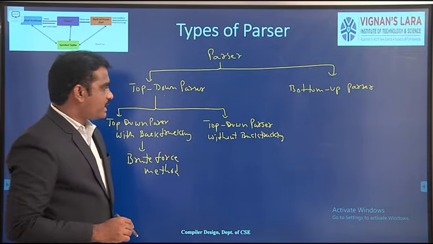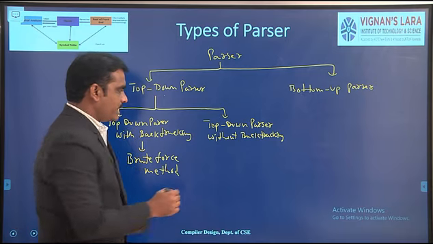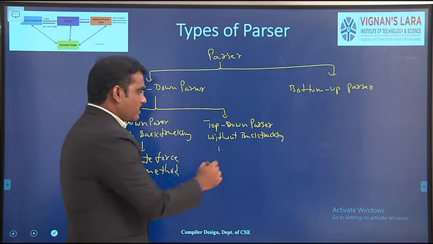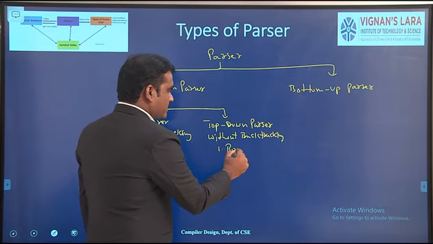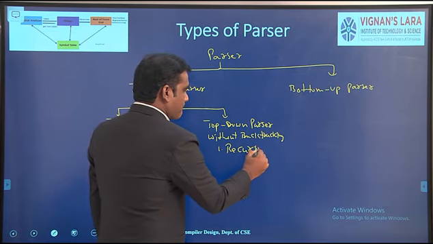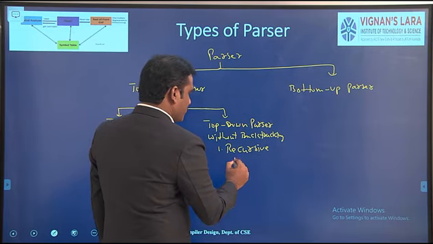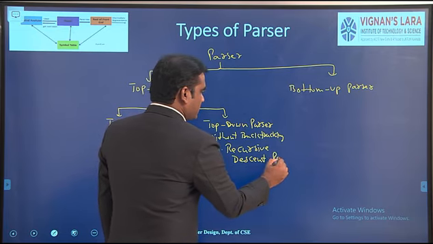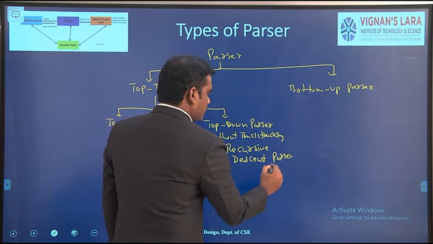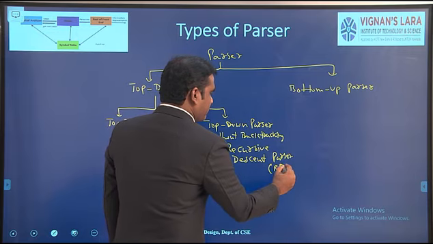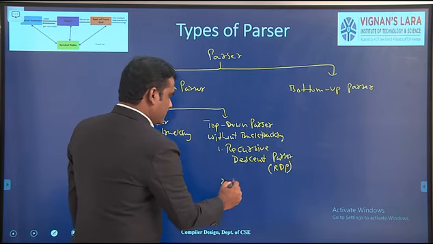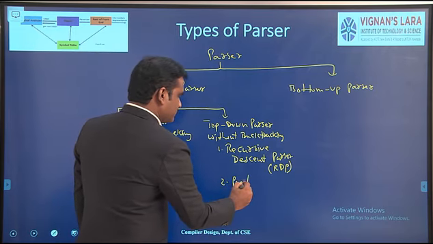Whereas in top-down parser without backtracking, there are different methods. One is recursive descent parser, or we can call it RDP, and another type is predictive parser.